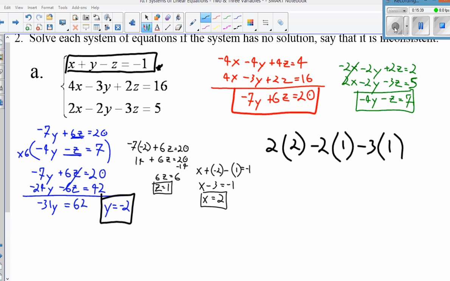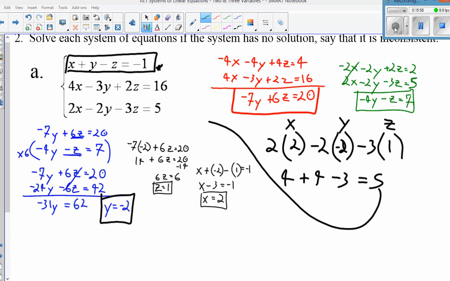Okay, so I plugged in my x value, my y value, my z value, and I get 4 plus 4 minus 3, and that's equal to 5, which matches up with what it should be. So I verified my solution.